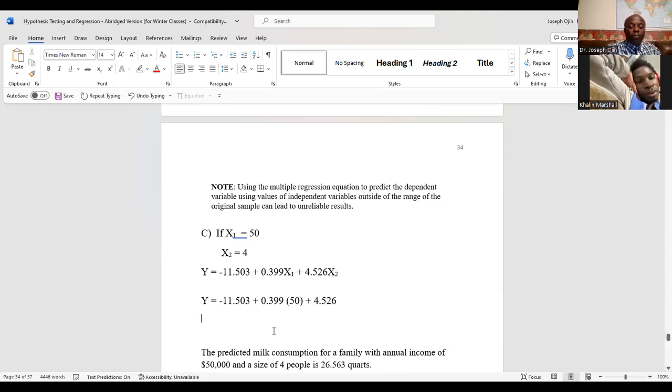Then X2 is 4. I put 4 there. And that will give us the milk consumption for the family that has an annual income of 50,000 and a family size of 4.